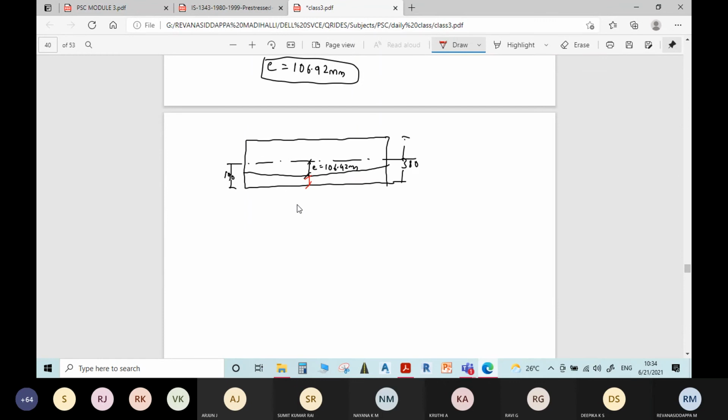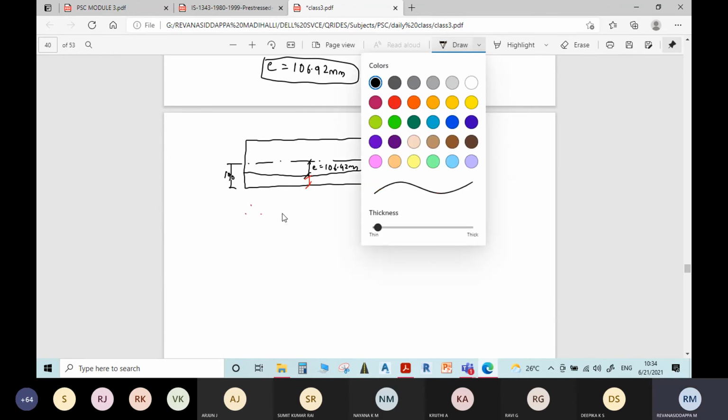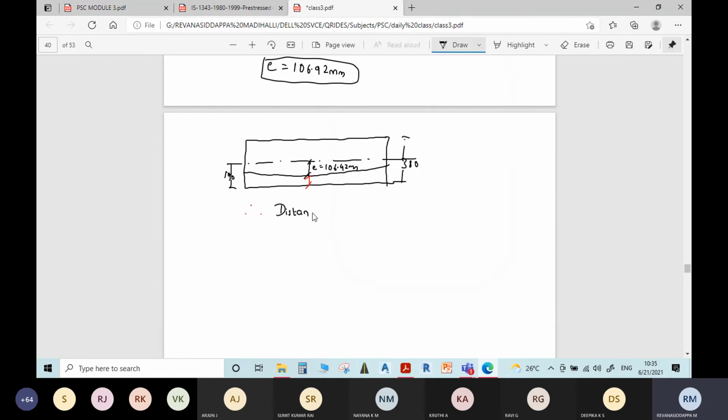Therefore, here you write distance of cable from soffit at center of the span is equal to 190 minus eccentricity. 190 minus 106.42. How much will you get?